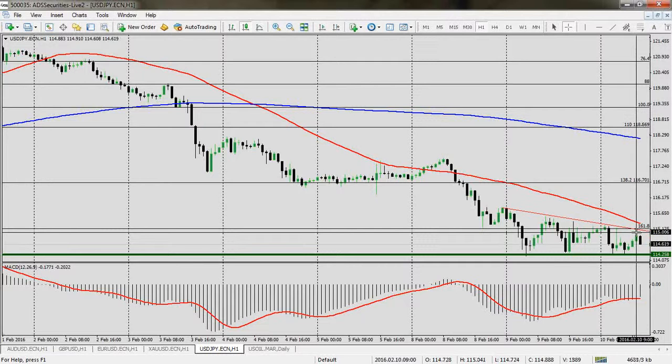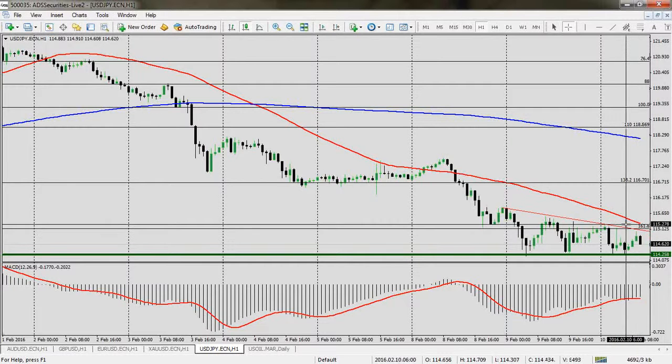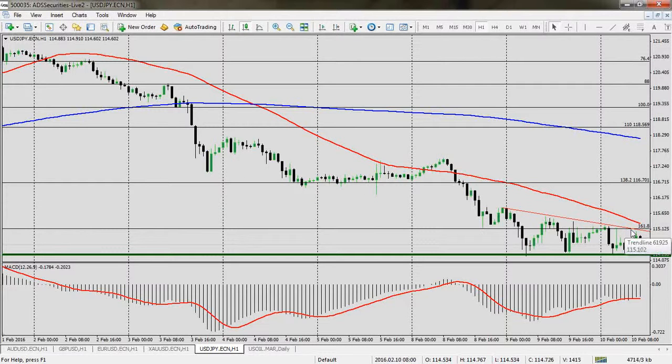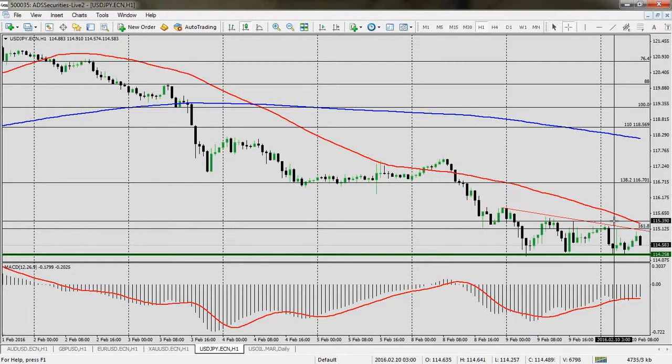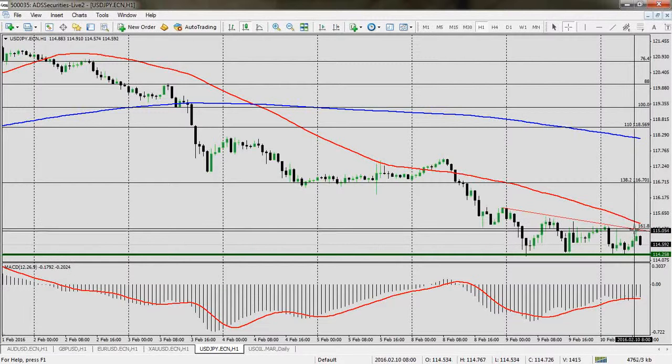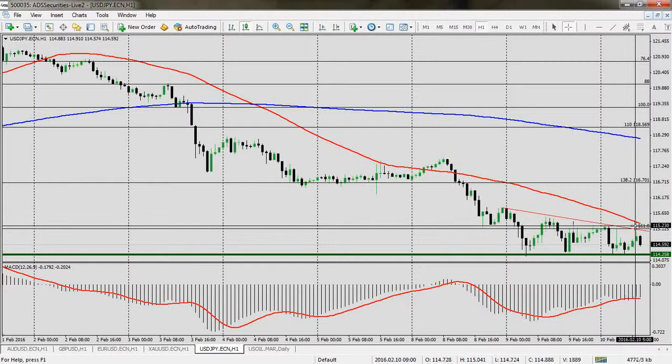Generally, based on my experience, whenever a dynamic resistance level such as this one is tested at least 3 times, the 4th or the 5th test is a breakout. So nonetheless, we can consider going long USD Japanese yen above the 115 level, 115.20 to be more precise. And we can put our targets at the next resistance level, which would be at 116.70. That would be a breakout opportunity for us.